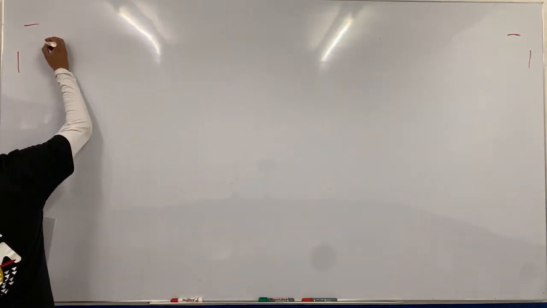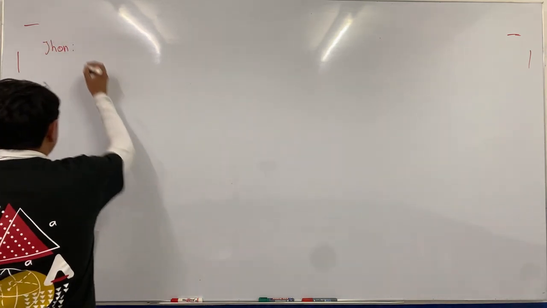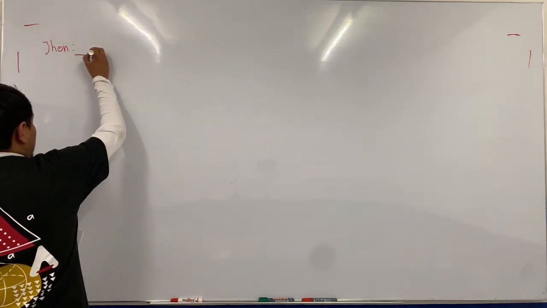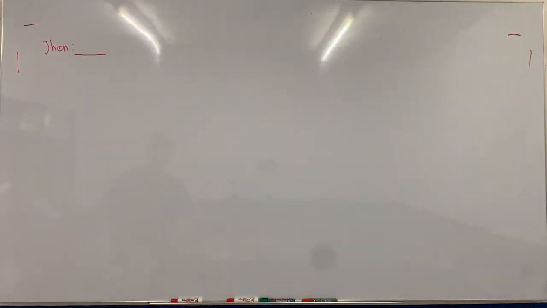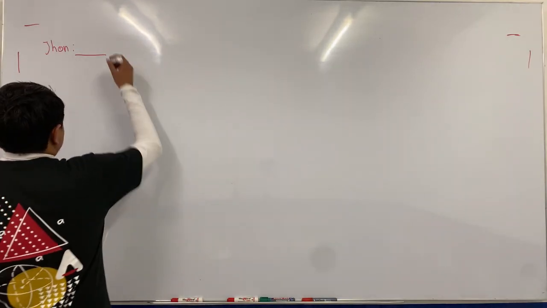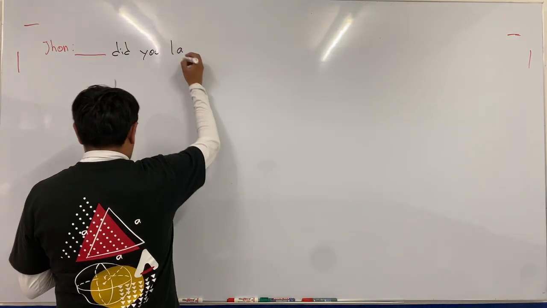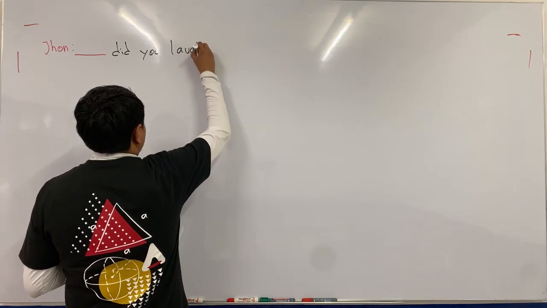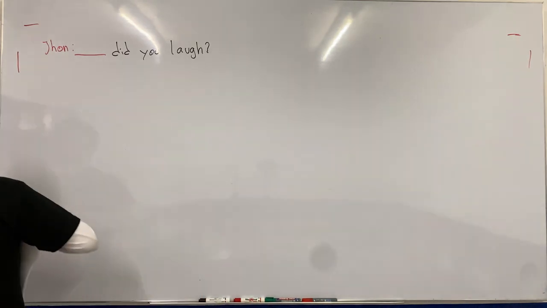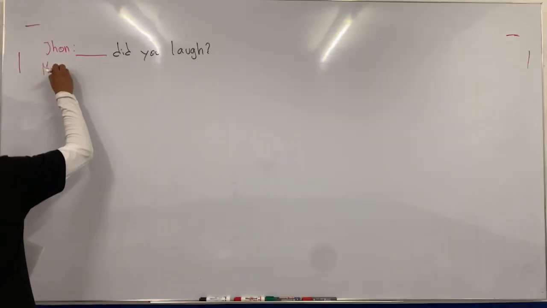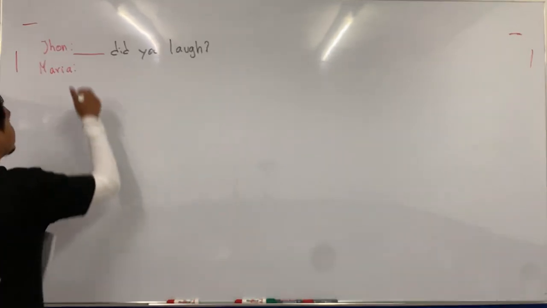The first person, I mean, John. In this case, we have one blank. Check this. Did you love? And Maria asked him because it was funny.